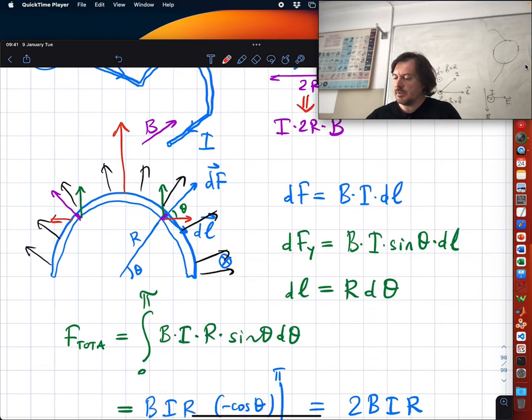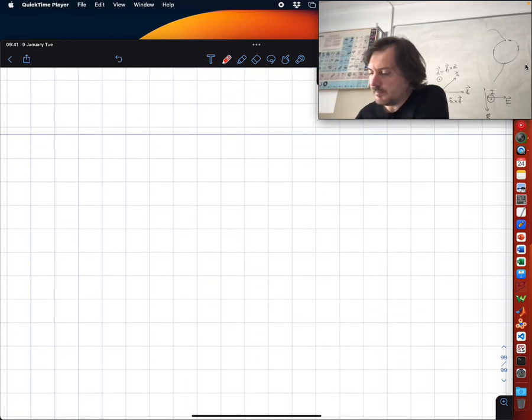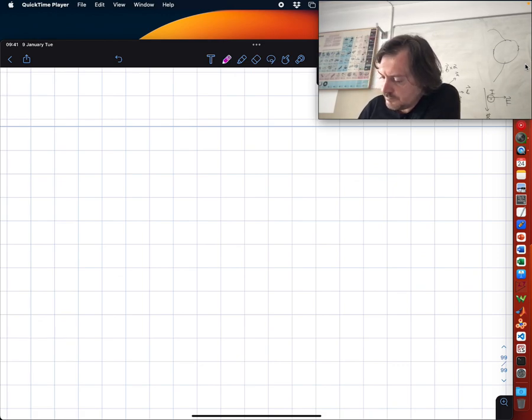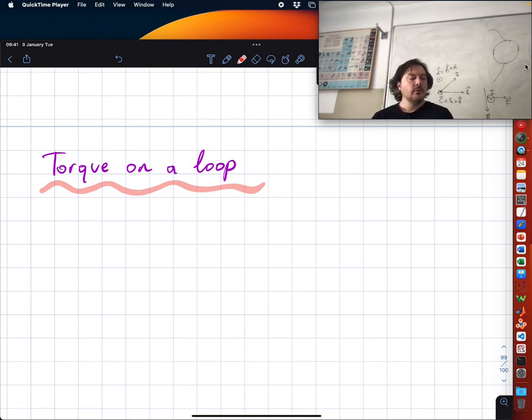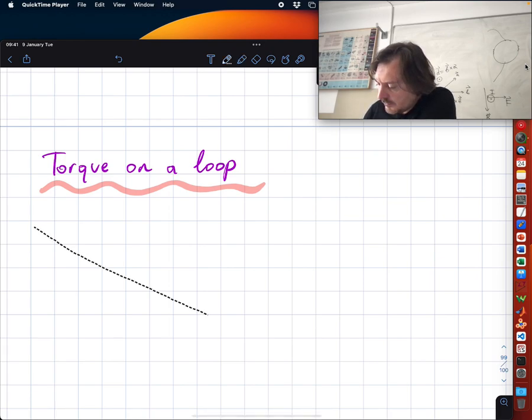So I want to talk about torque on a loop of wire. In this case, I'm imagining, first of all, an axis. Let's say this is the main axis.